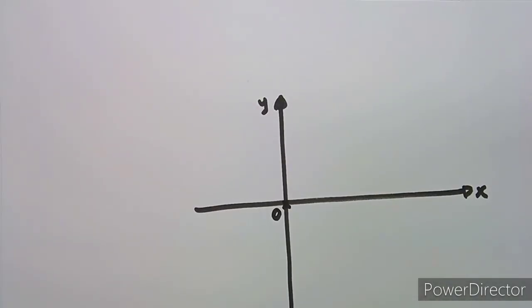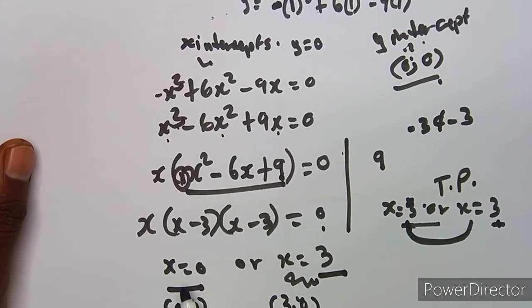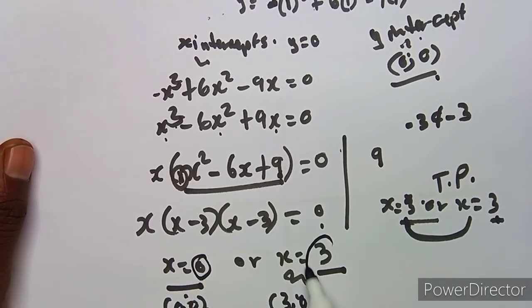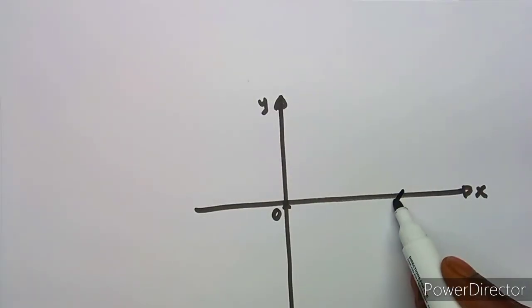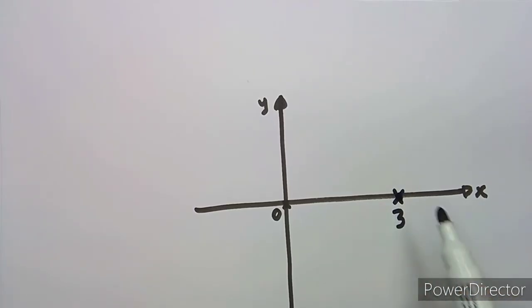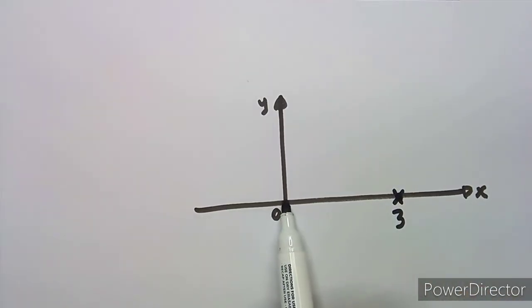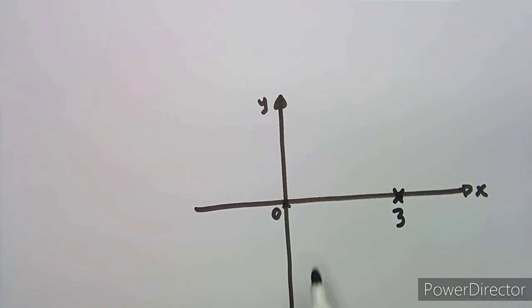Let me take you back here. Remember here, from our x-intercepts, x was 0 and 3. So these are the values that you're working with, 0 and 3. So let's say this is our 3 here. But this one is also a turning point, and this is our y-intercept also.